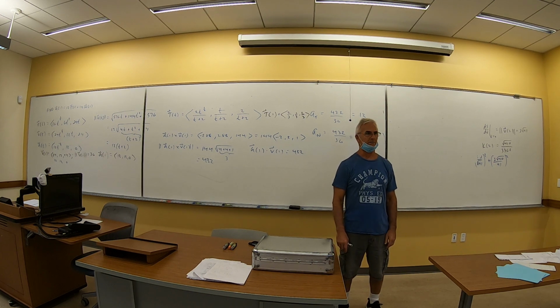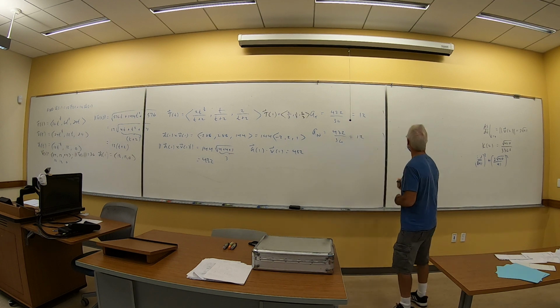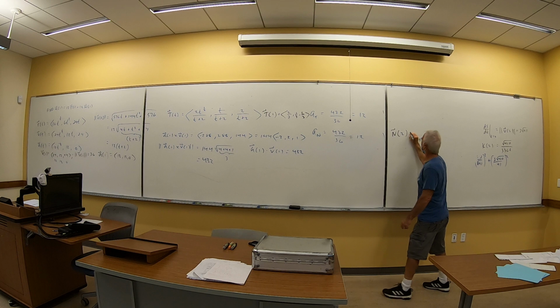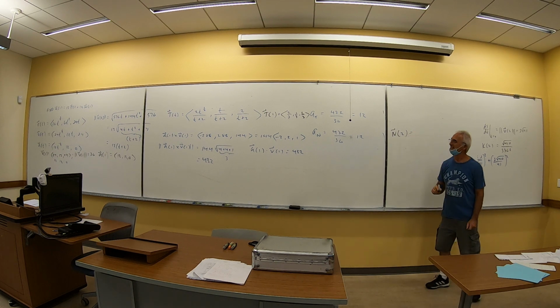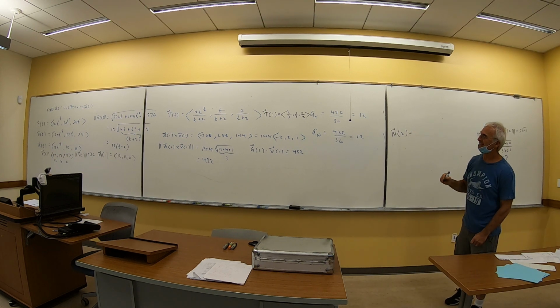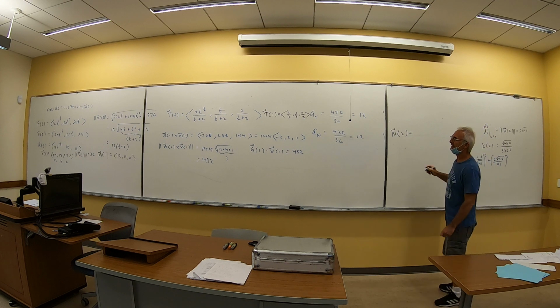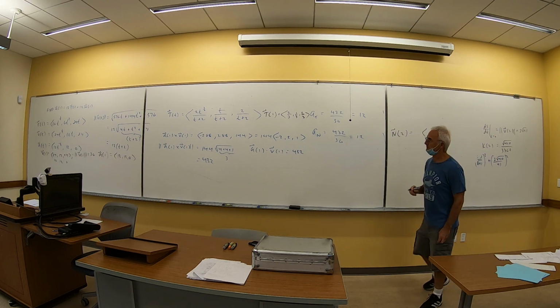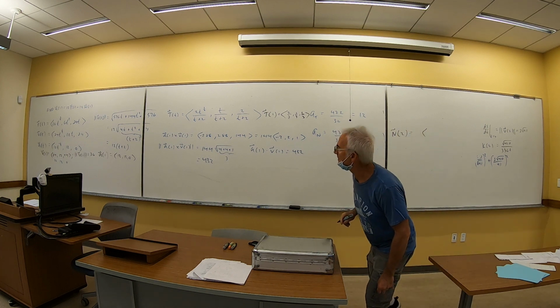I said there's another way. Do you remember what it was? Well, why don't I take A of 1? What's A of 1? 12, 12, 0.